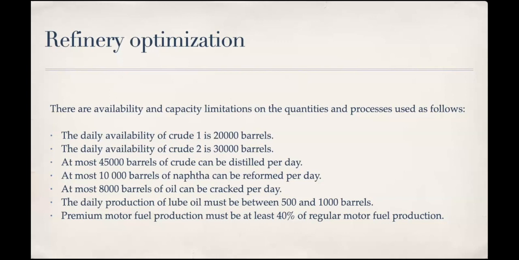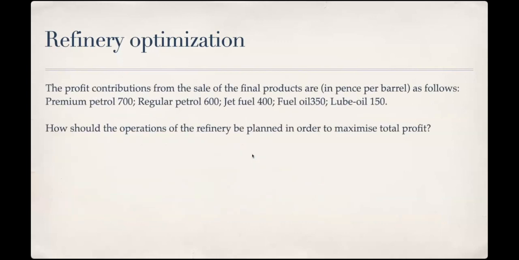The profit contributions from the sale of the final products are in pence per barrel as follows. Premium petrol is 700, regular petrol is 600, jet fuel is 400, fuel oil is 350, lube oil is 150. The question is, how should the operations of the refinery be planned in order to maximize the total profit?